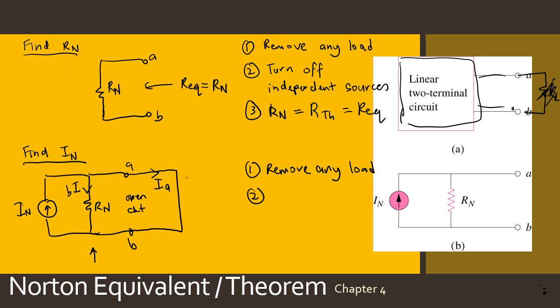Certainly it will take the IA path here. Why? Because for any elements in parallel with a shorted path like this, the current will bypass this R Norton. So basically this IA is equal to I short circuit, which is also equal to I Norton.